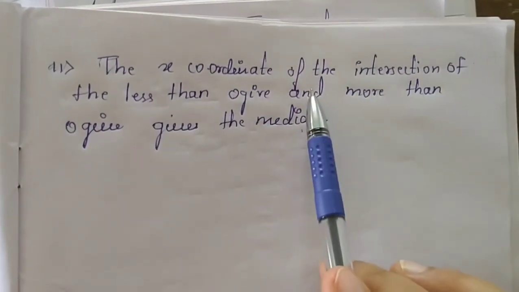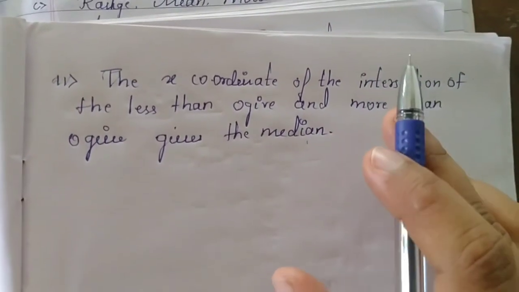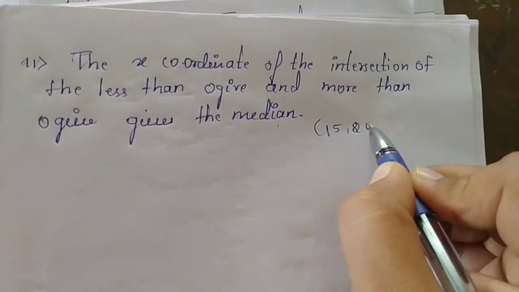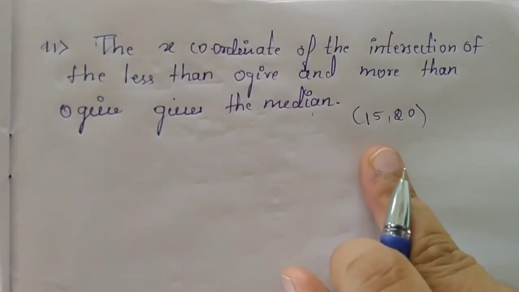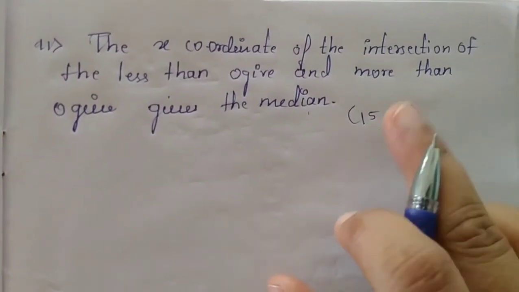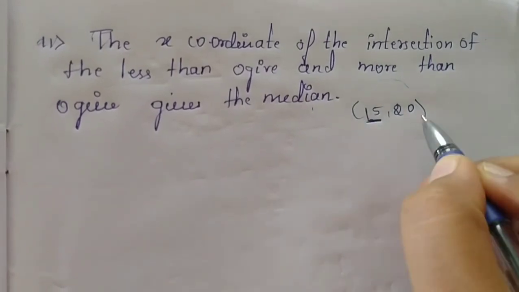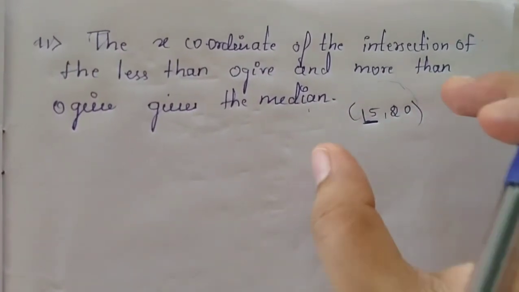Okay, so you have to keep this statement in your mind. The point of intersection is 15, 20 over here, right? So according to this statement, how can you find the median? The x coordinate of the intersection of less than type and more than type ogive gives the median.